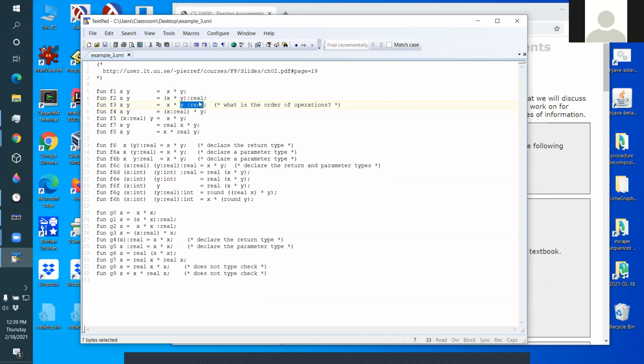It ends up having the same effect, but I actually do not know if this guy is bound to the variable, which means that it would have higher order of operation than this. This would be done first. You would bind the real to Y first and then take the product. Or it could be that this has higher order of operation.